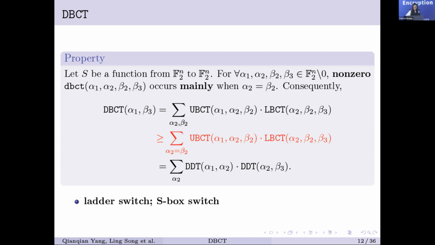Yeah. Okay, and the next question is, have you tried to consider the DBCT entry value in the MILP model, or even the specific value of the DBCT? Because I noticed that the MILP model you present only focuses on the BCT, UBCT, and UDDT.